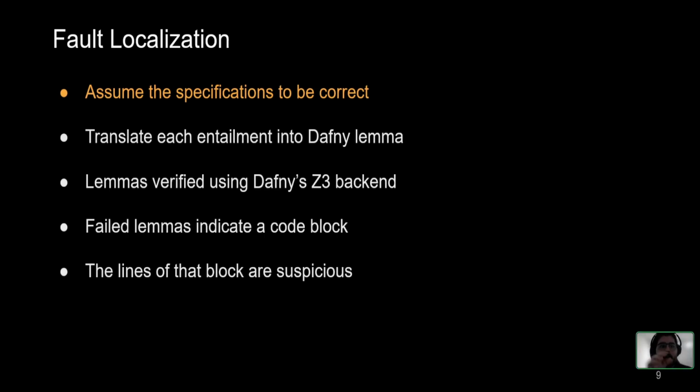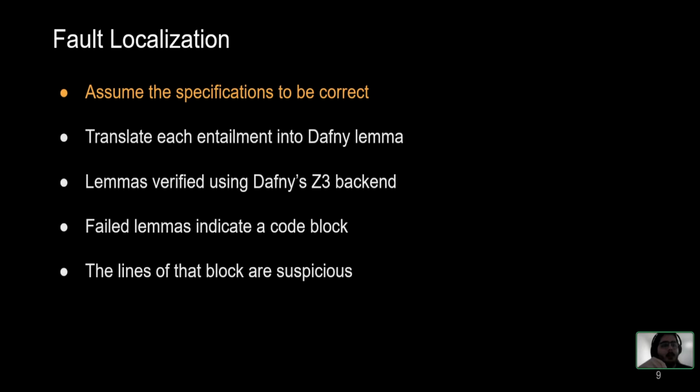So first of all, and this is an important part of the entire process, we assume that these specifications are correct. There is a world where the specification is incorrect, and we are not dealing with that. We're dealing with the case where the fault is in the implementation. So first, we encode each of the logical entailments as a Dafny lemma.